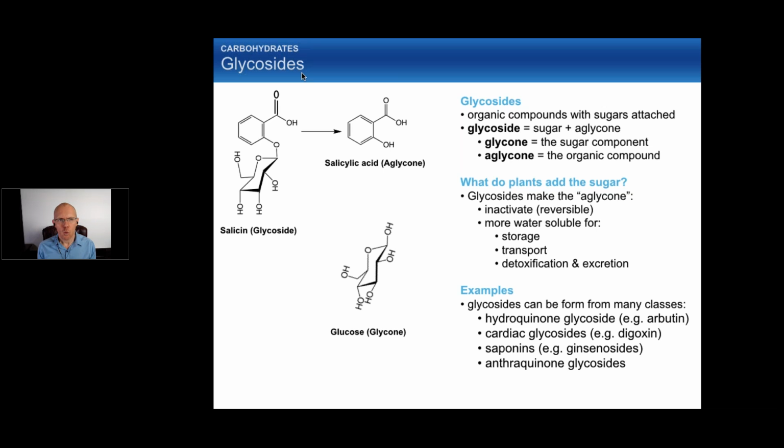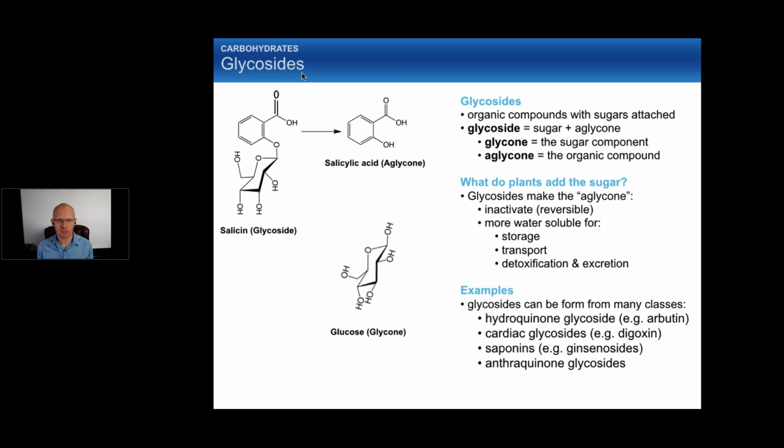So once you remove the sugar, then the salicylic acid, which is structurally related to aspirin, which is acetylsalicylic acid, now has the ability to interact with the enzyme and function. So adding a sugar to it can inactivate that compound as well. So lots of different reasons why you'd want to add a sugar, or plants would want to add a sugar onto these molecules.